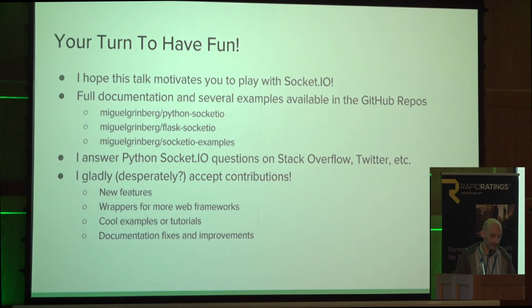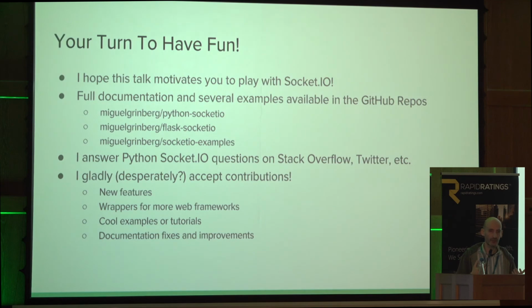So yeah, if you come up with an idea for a new feature, even if you're not completely sure how to implement it, reach out, and I can coach you, give you ideas, whatever. If you want to write, like I did with Flask socket.io, a wrapper that's a nicer integration for another framework, I'm super interested.